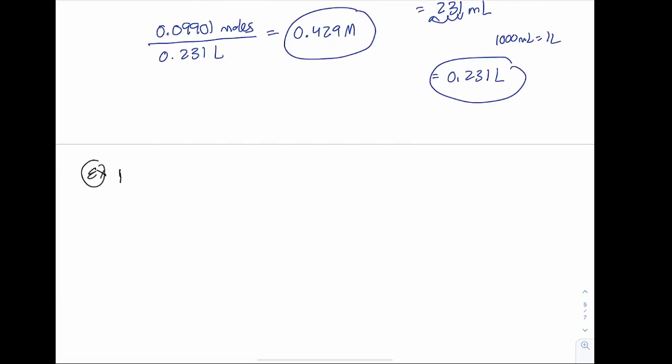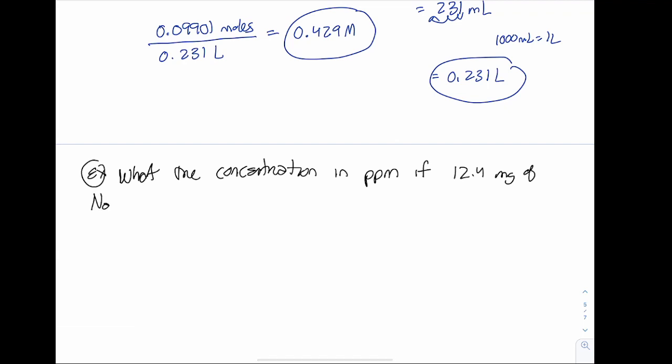So let's say, what is the concentration in parts per million if 12.4 milligrams of sodium chloride is dissolved in 7.48 kilograms of water.